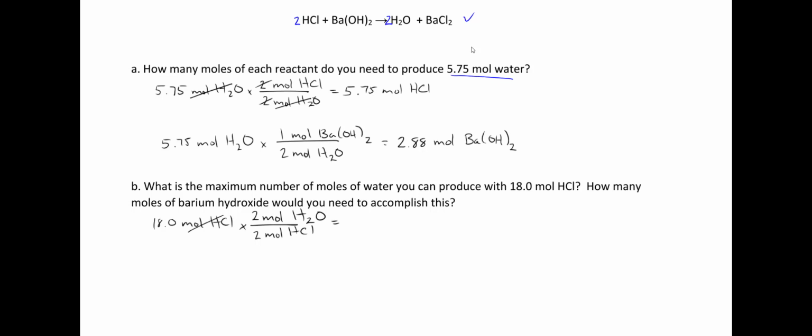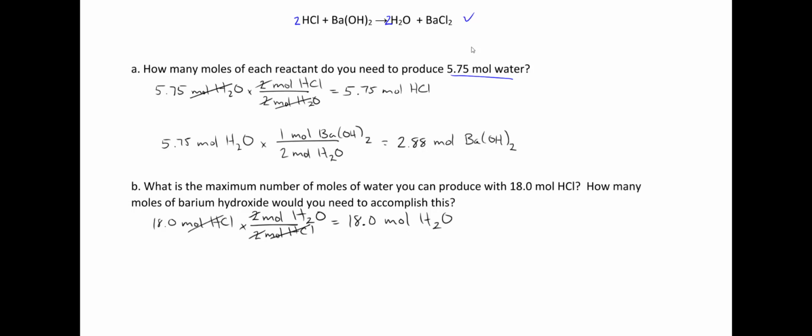The moles of hydrochloric acid cancel. The 2's cancel. And this leaves me with just 18.0 moles of water. So if everything is perfect, that's what I would expect to get, 18 moles of water.